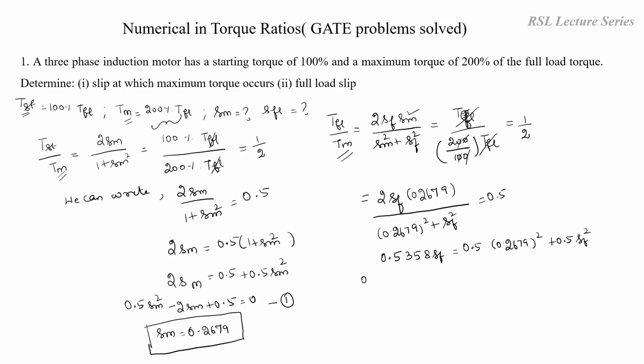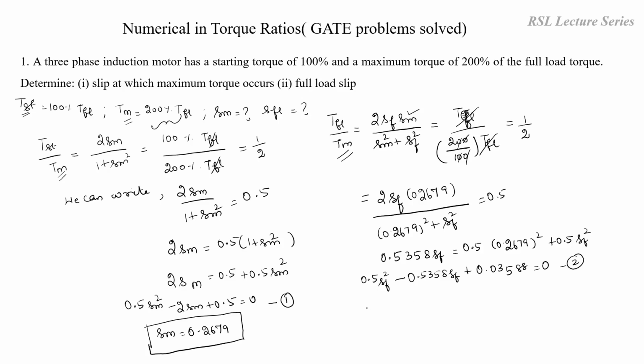So on rearranging this equation, we'll get 0.5 Sf square minus 0.5358 Sf plus 0.03588. Again, we get a quadratic equation in Sf.